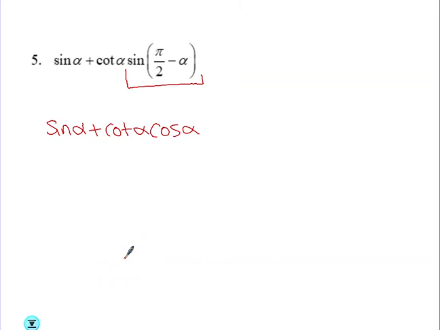Now I'm going to go ahead and change everything to be sines and cosines, which means I'm going to rewrite cotangent using our quotient identity as cosine of alpha over sine of alpha.